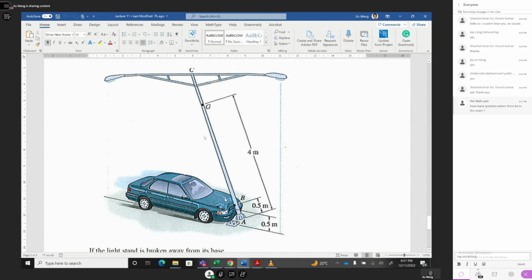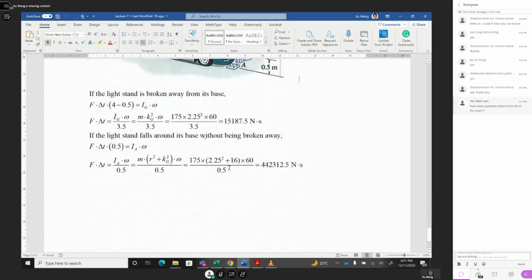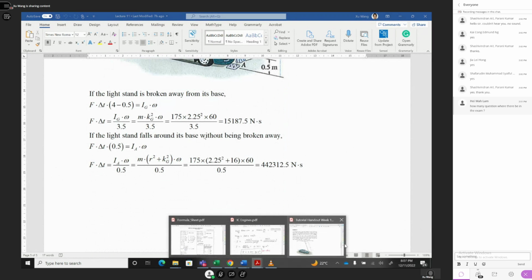However, if it's not broken here but falls, then you take this impulse multiplied by this distance, the angular momentum. The angular impulse should be equal to I, where this I is IA, and IA should be the central gravity inertia plus m r squared, times omega, and then you should be able to get the different impulse. That's the summary for this question.